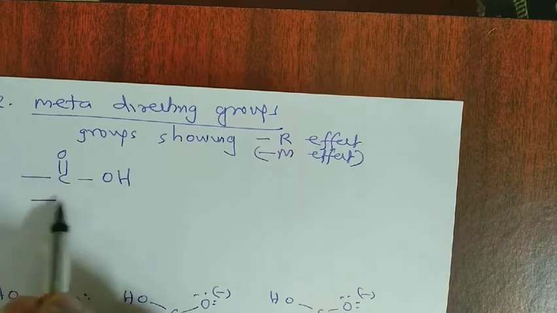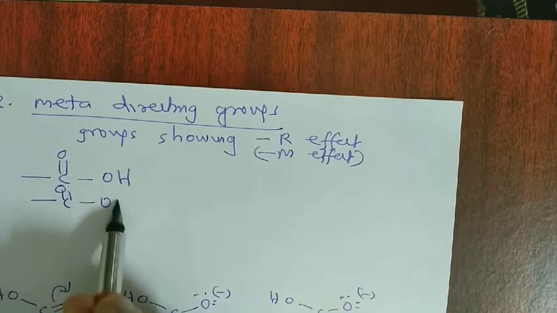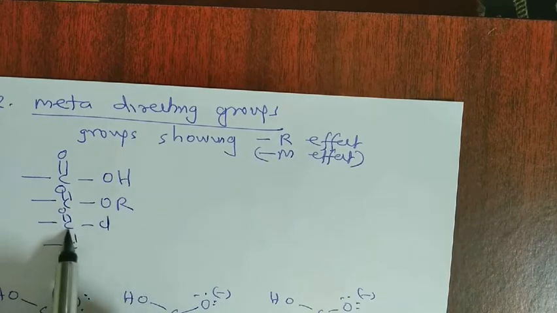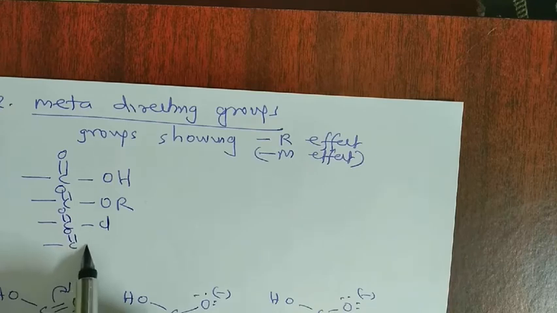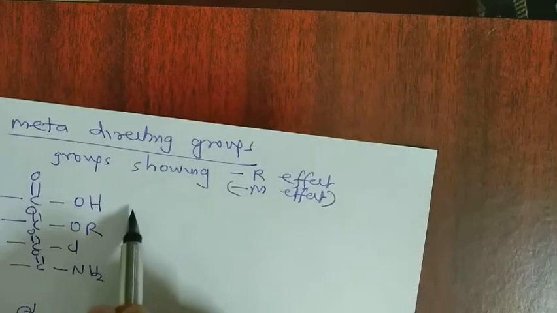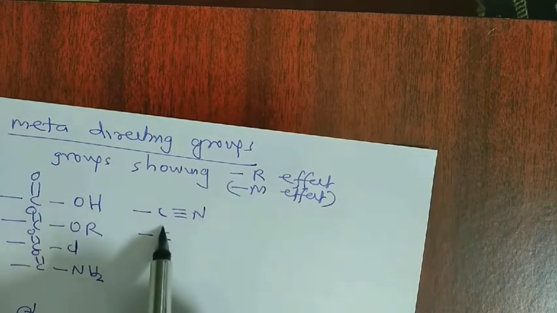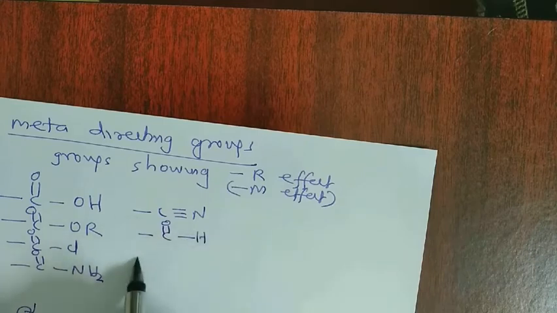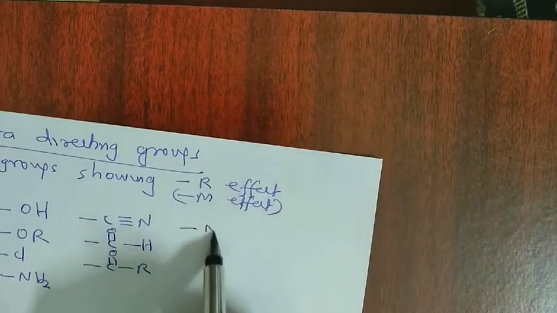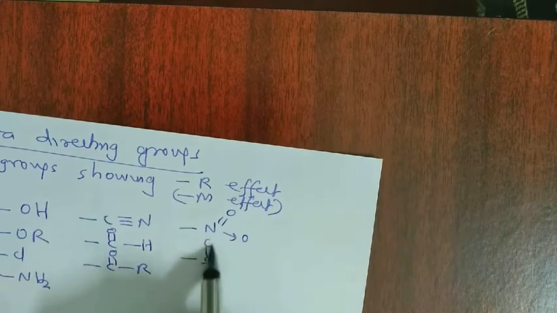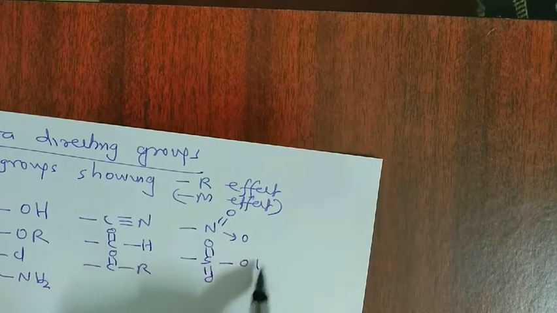One example is COOH, another example is COOR, ester; COCl, acid chloride; CONH2, acid amide; CN, triple bond, cyanide; C double bond O H, aldehyde; C double bond O R, ketones; nitro group, N double bond O, coordinate bond O; sulfonic acid group, S double bond O OH.